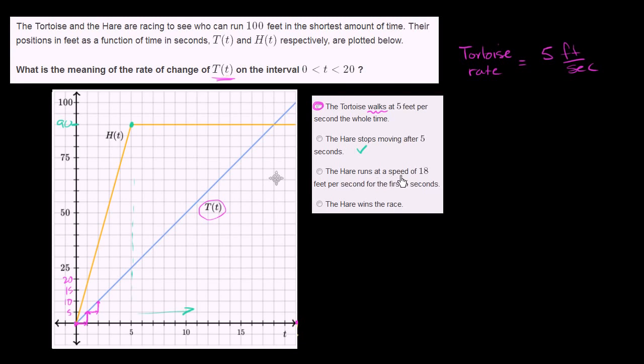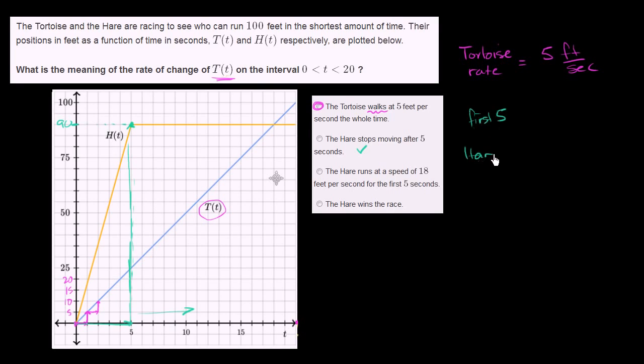The hare runs at a speed of 18 feet per second for the first 5 seconds. So let's see if this is true. For the first 5 seconds, so this is 5 seconds going by, the hare is able to cover a distance of 90 feet. So the hare is able to go 90 feet in 5 seconds.